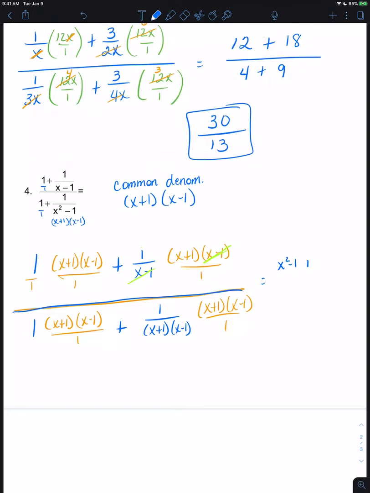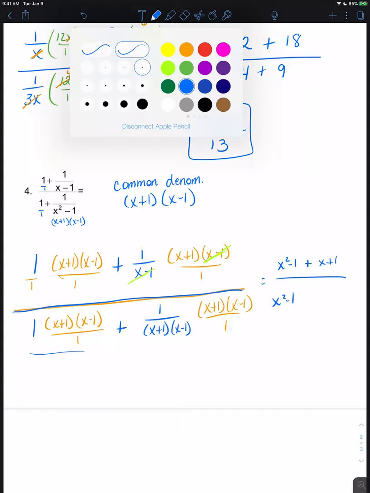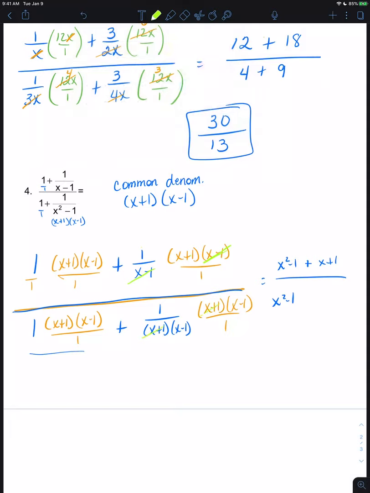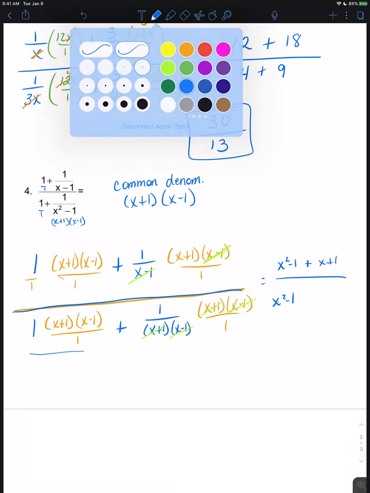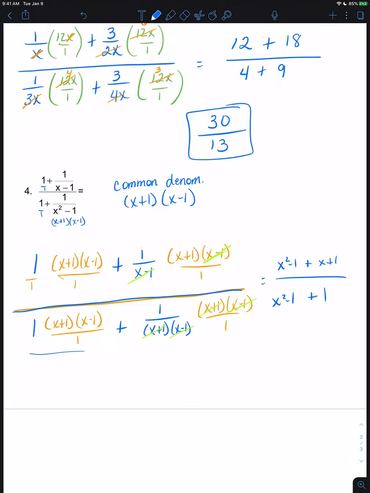So that is just plus x plus 1. So this term again is going to be that x squared minus 1. And this actually gets to reduce. X plus 1s, x minus 1s cancel out, leaving us with just 1. So that will be plus 1.